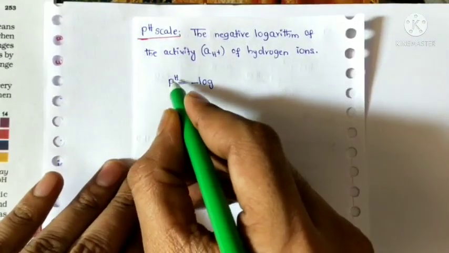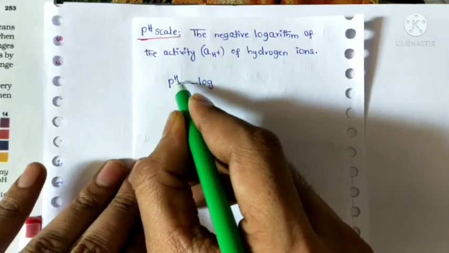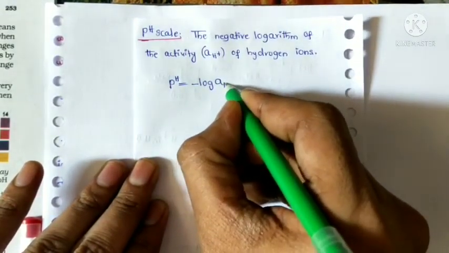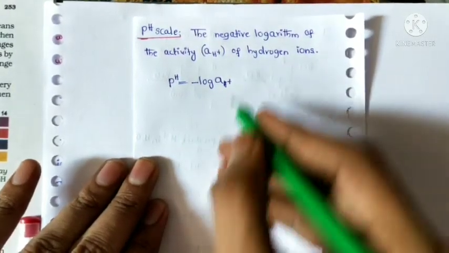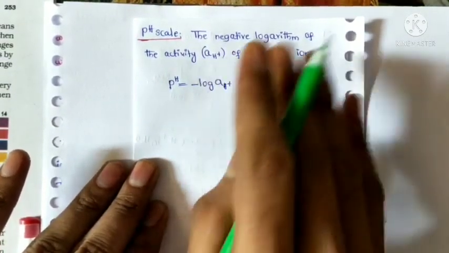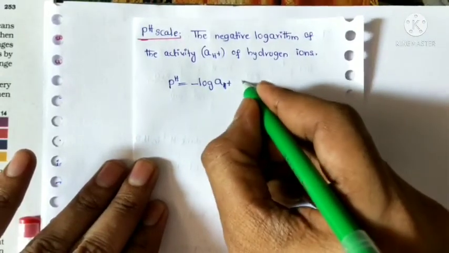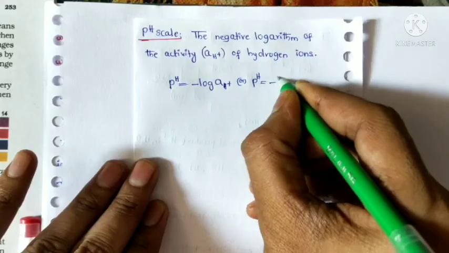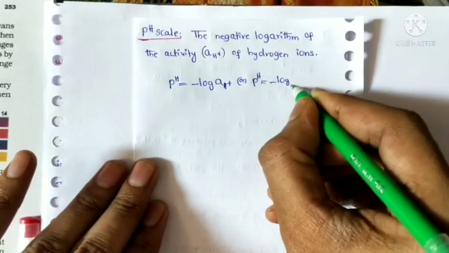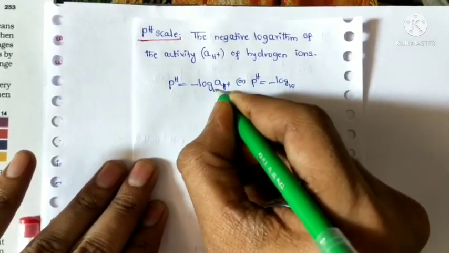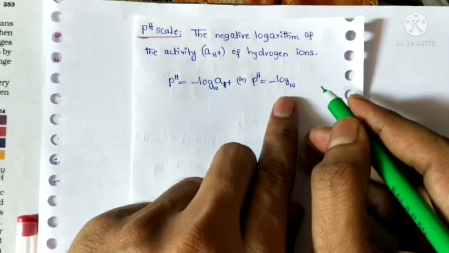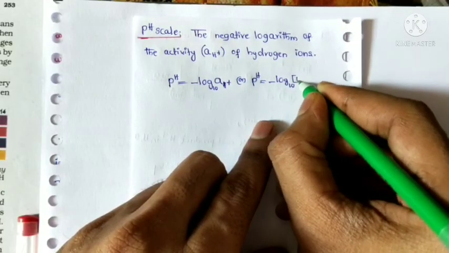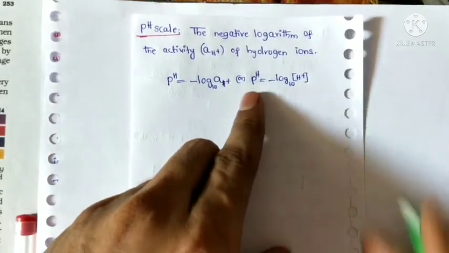So we write pH equal to minus logarithm of activity of H plus ions or hydronium ions, H3O plus ions, or sometimes it is also represented as the negative logarithm base 10 of the concentration of H plus ions, which is called pH.